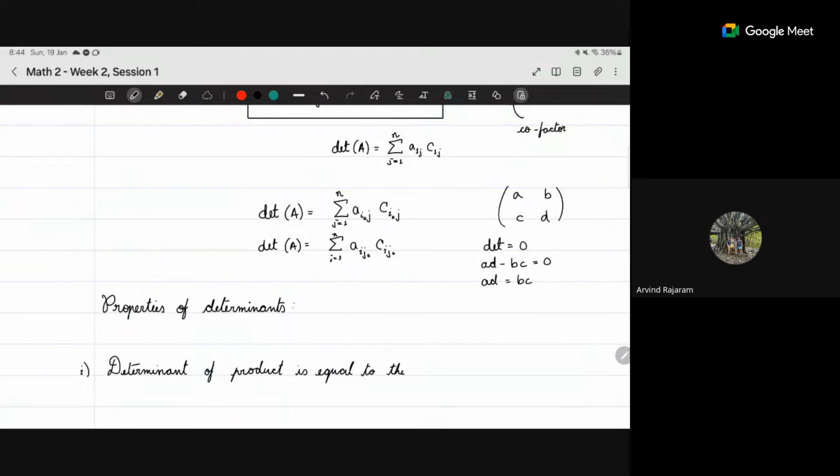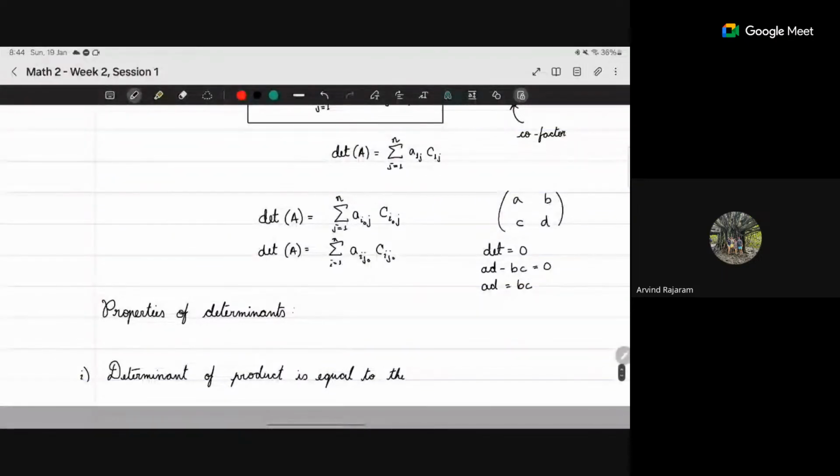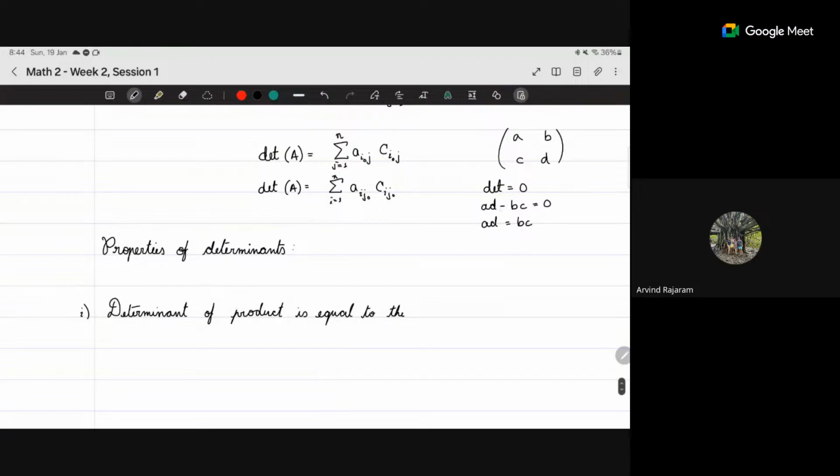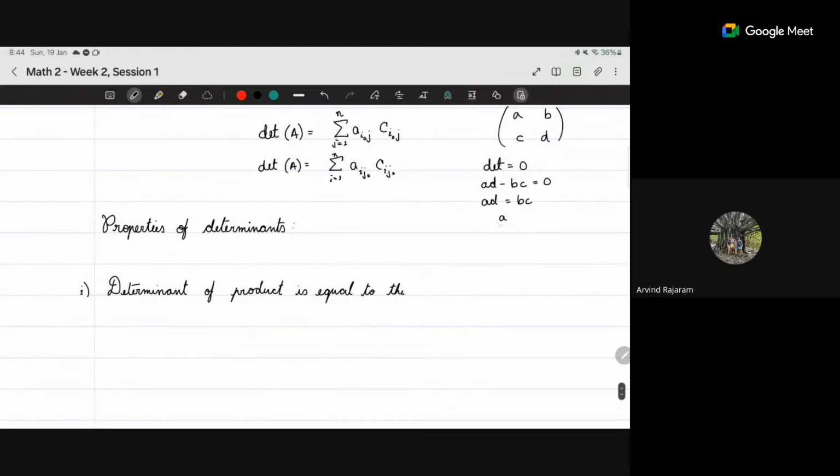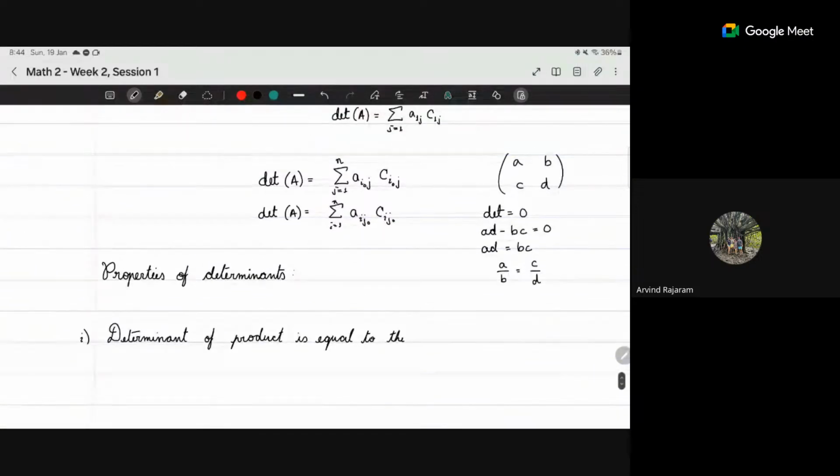Assuming that, well, you have to consider the cases when the things are 0. But for now, let us just work with a by b is equal to c by d. In the cases where b and d are 0, there will be some other things that happen that you can take care of separately. So assume b and d are not 0. So in that case, you can do this, correct?